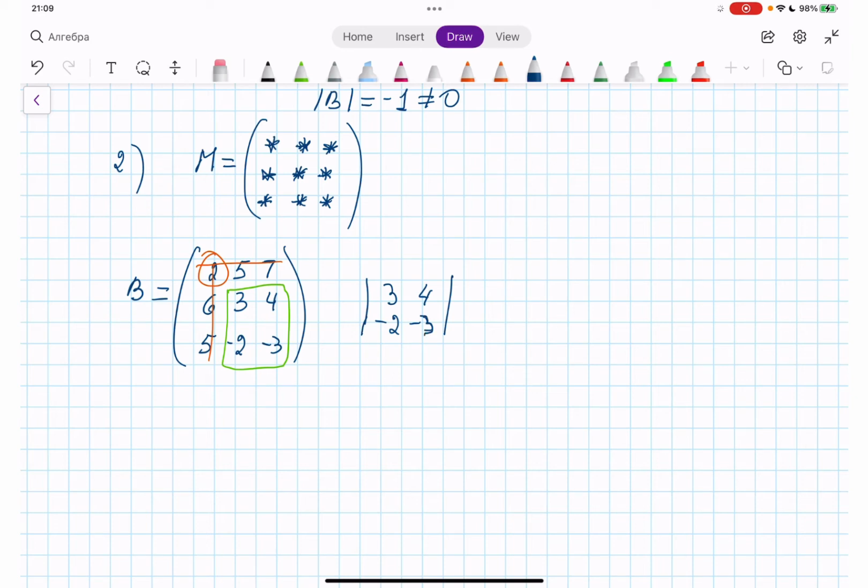We are not filling out yet because we are working on the operation. So the determinant is equal to 3 times negative 3 minus negative 2 times 4, and we get negative 9 plus 8 equal to negative 1. Now this negative 1 goes to the first position.